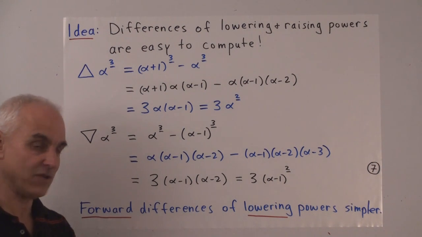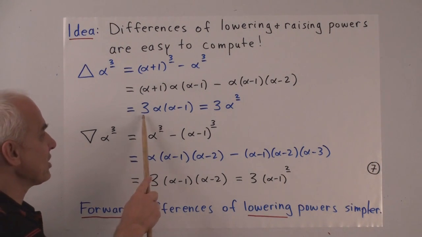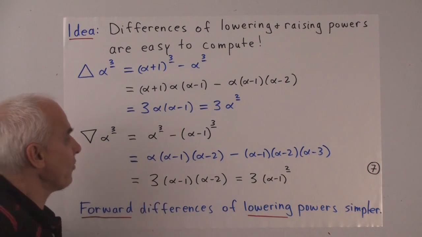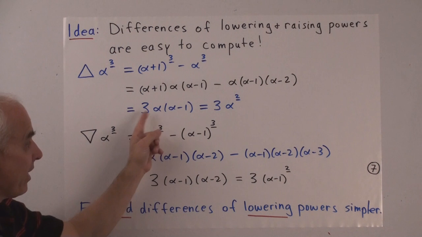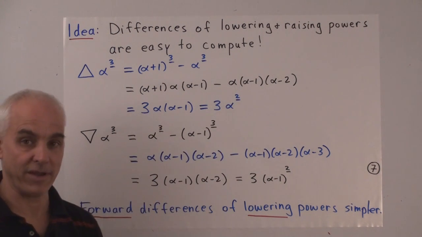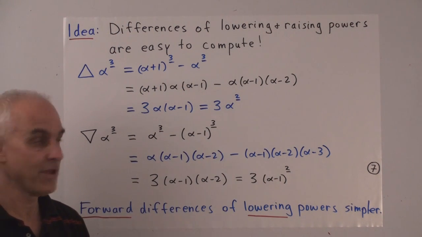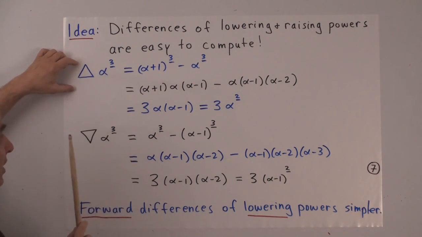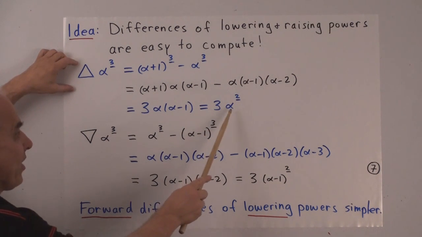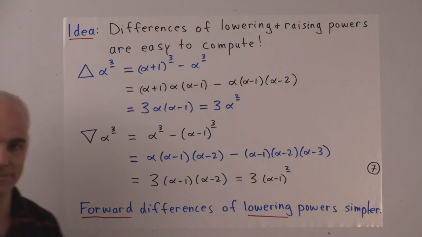The alphas conveniently drop out. So the answer is 3 times alpha times alpha minus 1, which we recognize as 3 times alpha to the 2 falling. So to summarize, the forward difference operator evaluated on alpha to the 3 falling is 3 times alpha to the 2 falling.